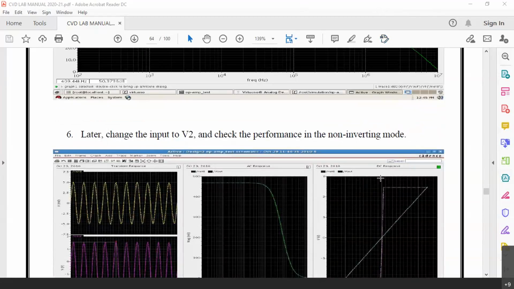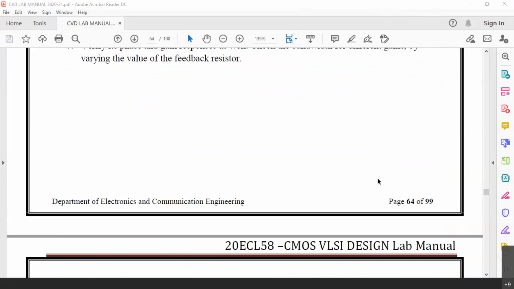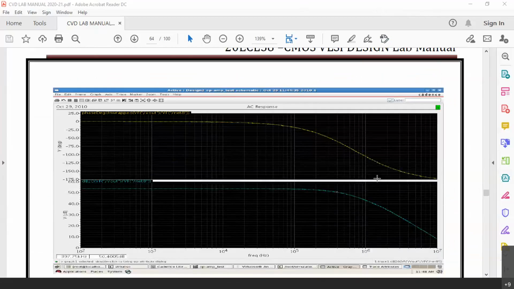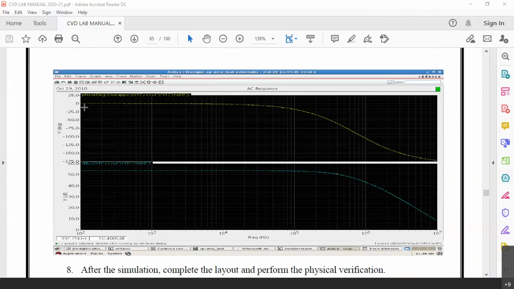Now let me come to the gain curve. Let me discuss. You can see the phase and gain curve here. Here the phase curve is starting with 0 degree. There is no phase shift because of the non-inverting amplifier. Gain remains the same, bandwidth also remains the same. And you can see when the phase becomes 180, it has not yet become 180.